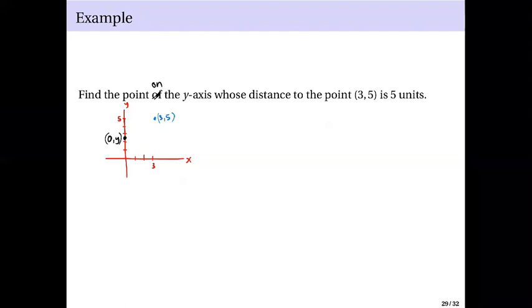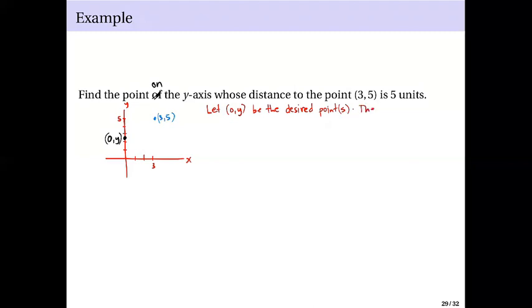Okay? So let's start with our algebra here. Let (0, y) be the desired point. And I am telling you that it will be 2 points, so I am putting the S here.